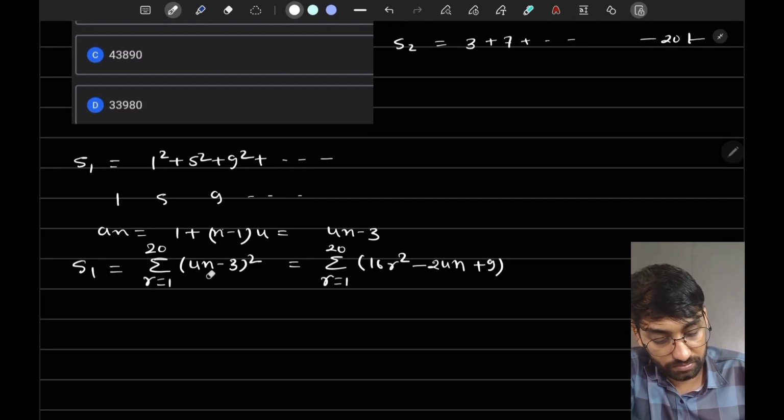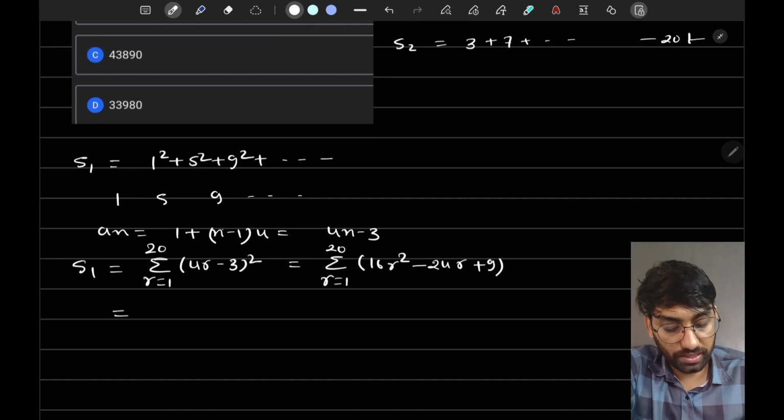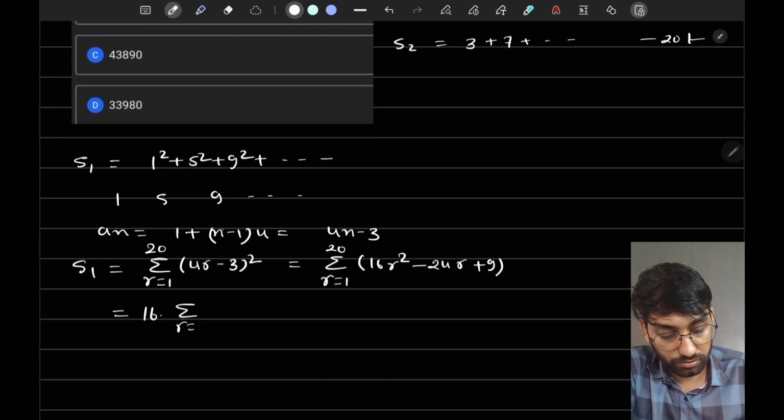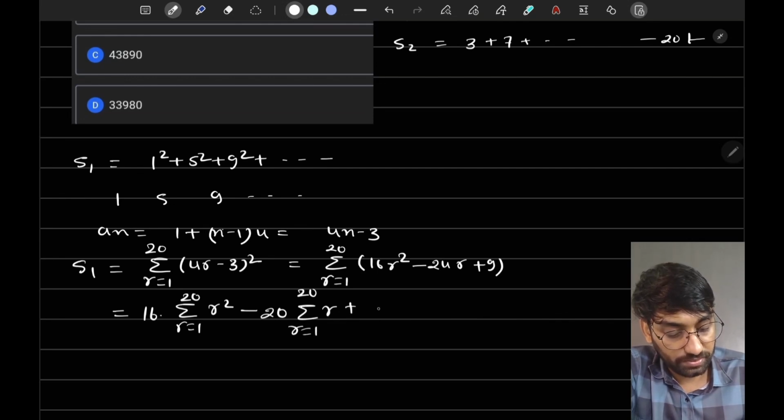Now take the summation inside. I will get 16 into summation r from 1 to 20 of r square, minus 24 times summation r from 1 to 20 of r, plus 9 times summation r from 1 to 20 of 1.